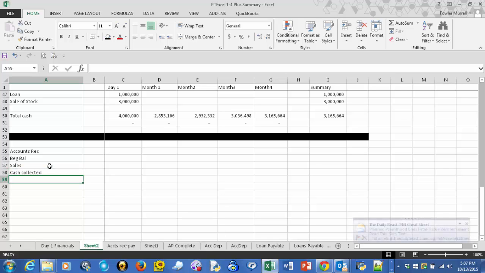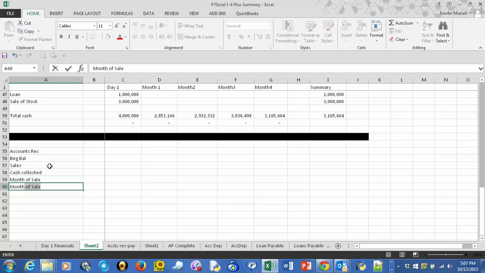Now, if we want to have receivables, we can't have all of the cash collected in the month of sale, because otherwise we will not have receivables. So we have to have a portion of it collected in the month of sale, and then another portion of it collected in the month after sale.